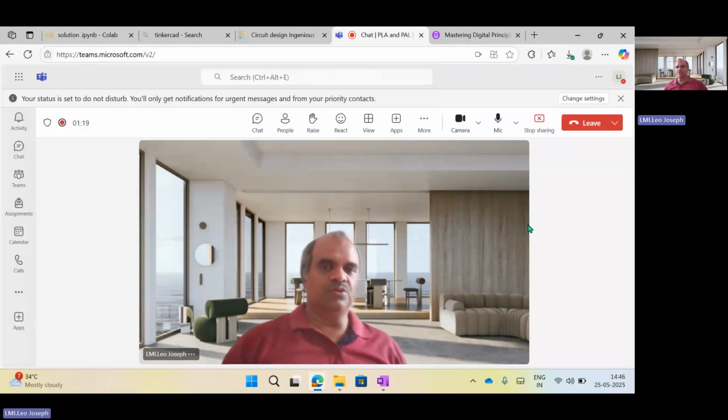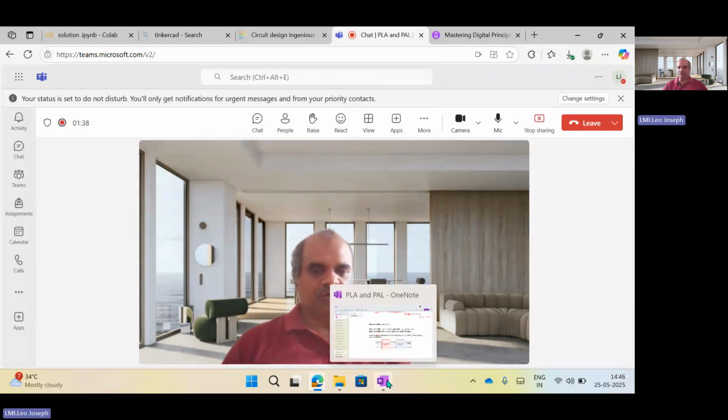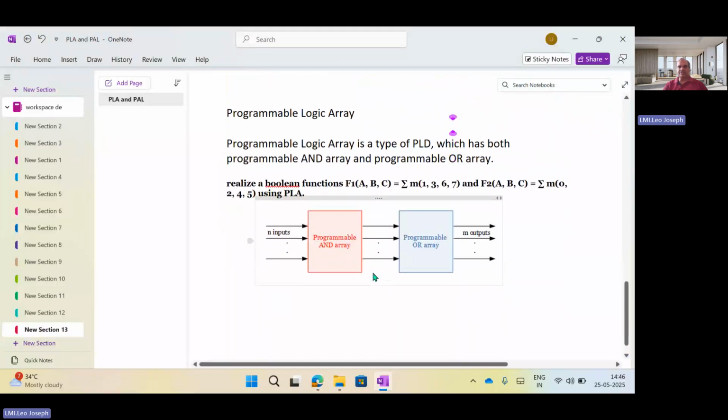But here we are going to write a program in Tinkercad itself and realize what we are actually working on in a theoretical manner, in both Python as well as Tinkercad. So ultimately this will be a beginning of many digital principles. I will just continue with this.